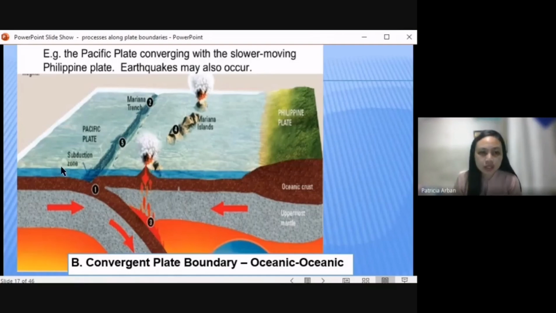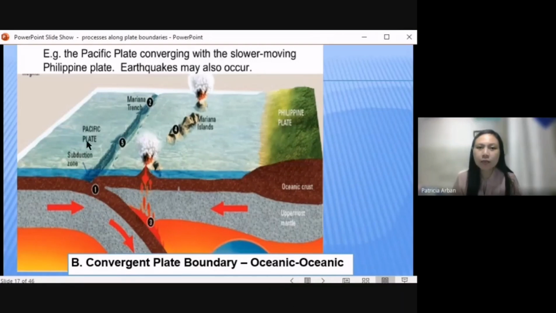Ayan. So as you can see here, the oceanic plates. Now, both of them are dense kasi oceanic crust sila. Now, bakit yung isa ang lumubog? Okay, it is because this one is older. Okay, kanina, bakit ang lumubog sa collision ng oceanic crust at continental crust ay oceanic crust? Kasi nga, denser ang oceanic crust. Okay, but what if there is the collision between two oceanic crust?